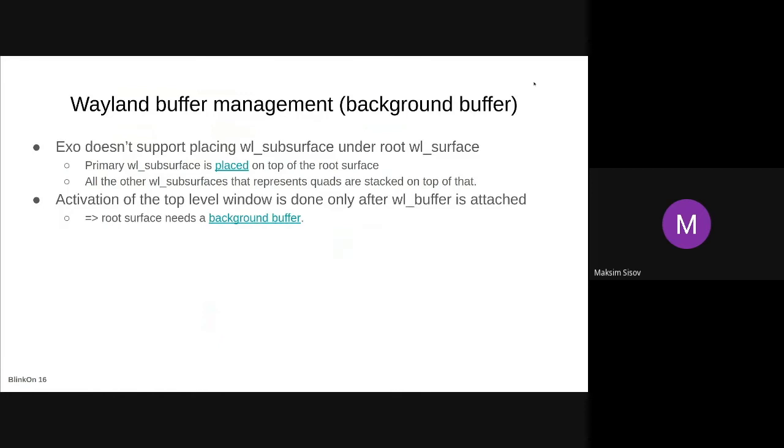Otherwise, the window was never activated and buffers were not attached on the Lacros side, and we didn't see anything on screen. To fix that, it was decided to use an empty background buffer that basically does nothing and is not involved in the composition on the Wayland compositor side.